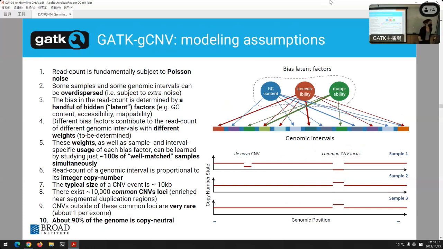We're not going to find common copy number variation in most of the genome. So that corresponds to this de novo CNV over here. We see a heterozygous deletion in one sample, but no copy number variation in the rest of the samples. So that's not in a common CNV region.